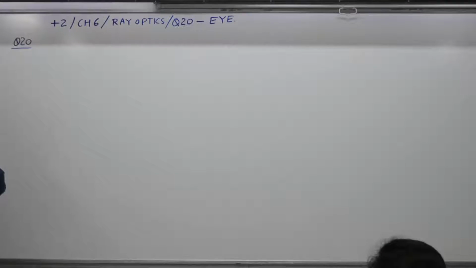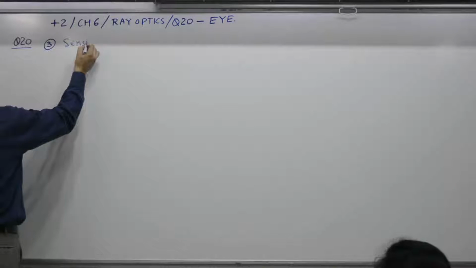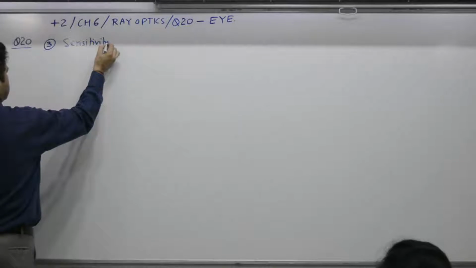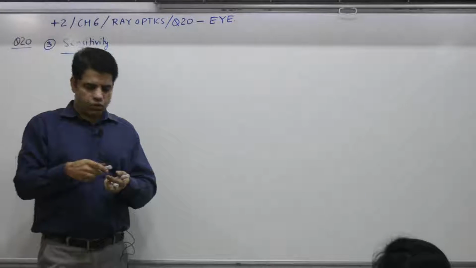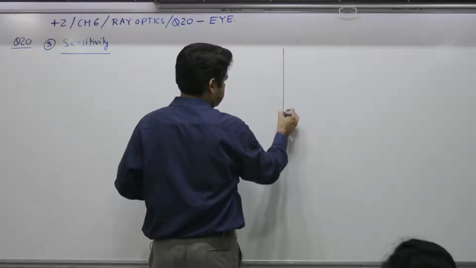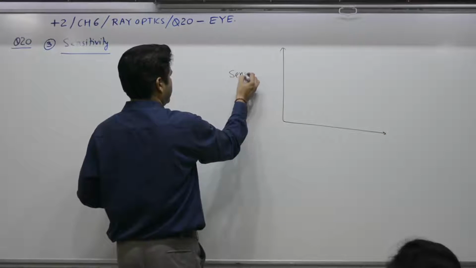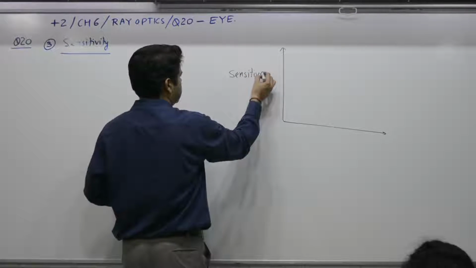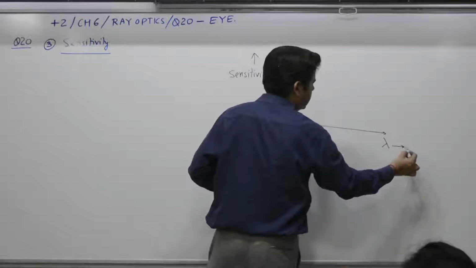Point number 3, sensitivity. The human eye is not equally sensitive to all wavelengths. The sensitivity graph is for the human eye, sensitivity along the y-axis, wavelength along the x-axis.